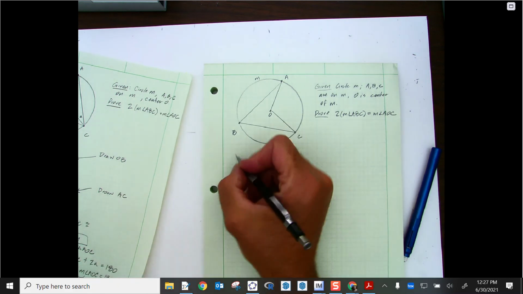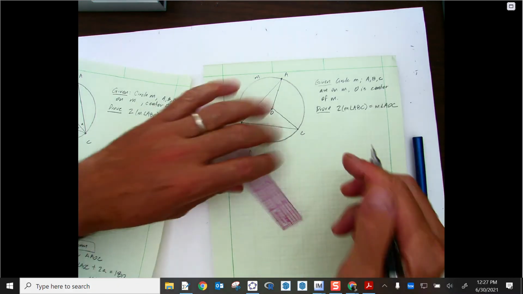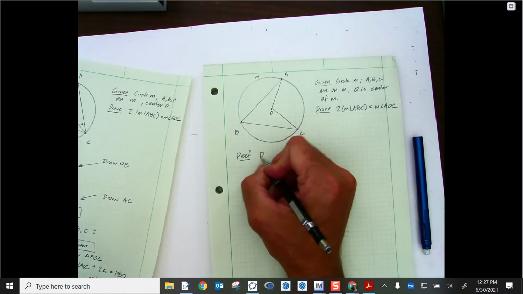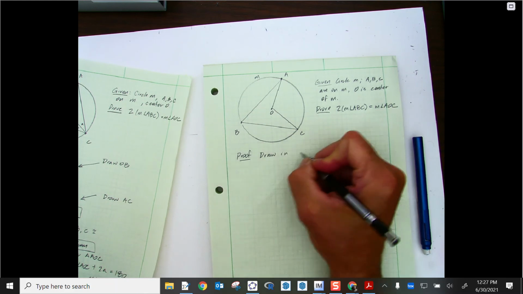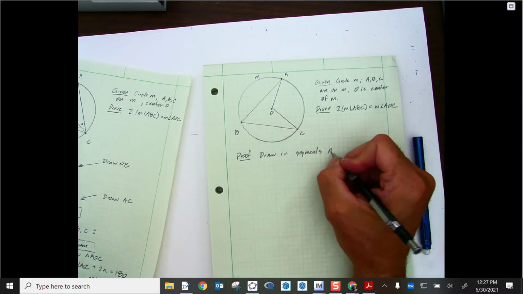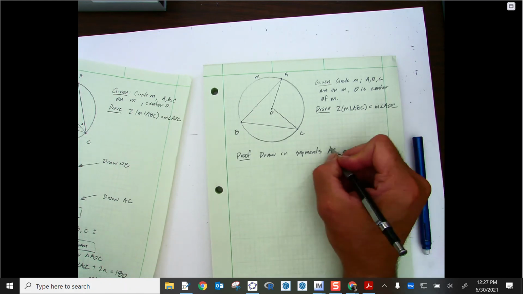And here comes the proof. I think what we're going to do first is draw in segments AC and OB. So we'll do that first.